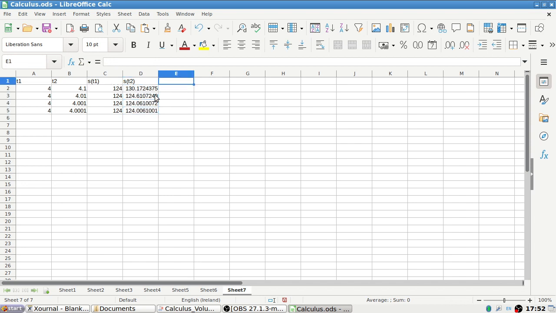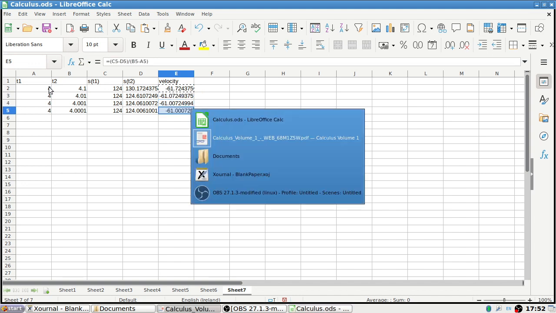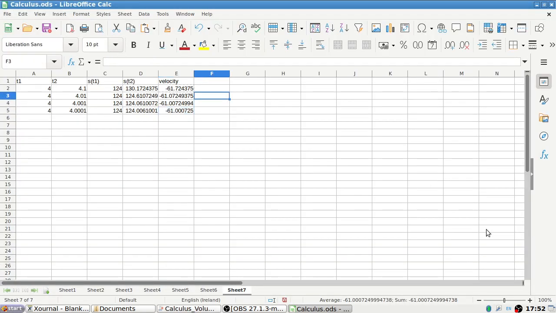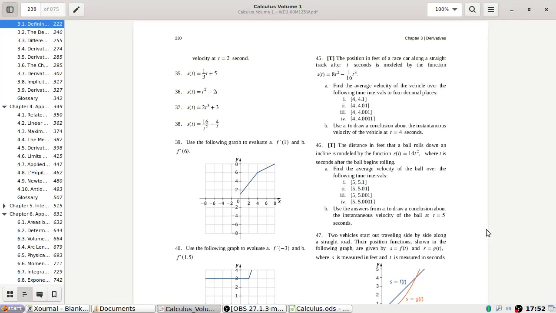So these should all be the same, and then these ones should be different. And then the velocity will equal this minus this, over this minus this. Oh, it looks like it's slowing down. Did they want the velocity or the speed? Velocity. And just remember, these are meters per second.